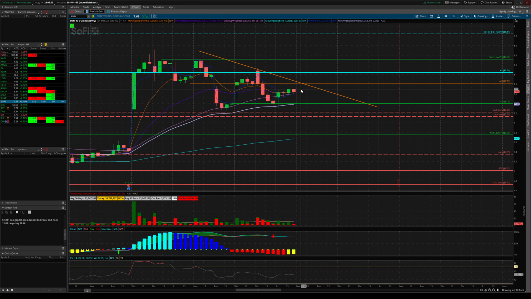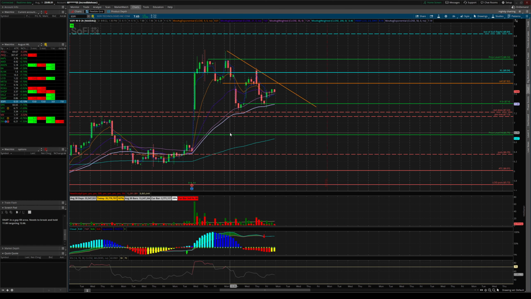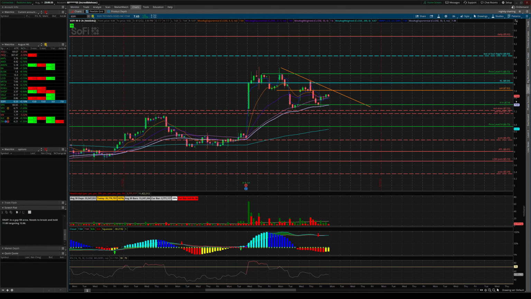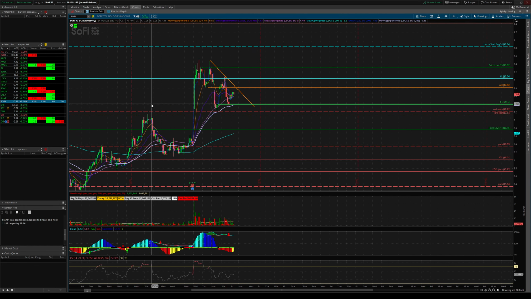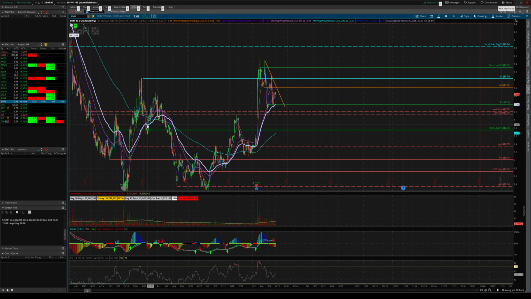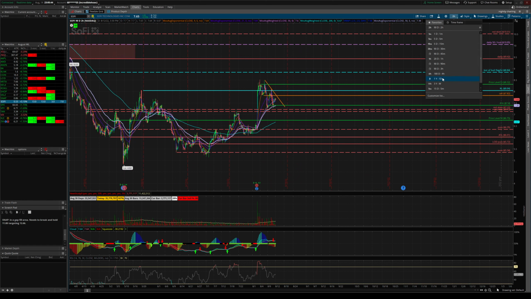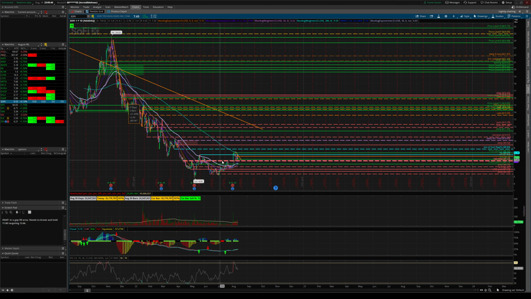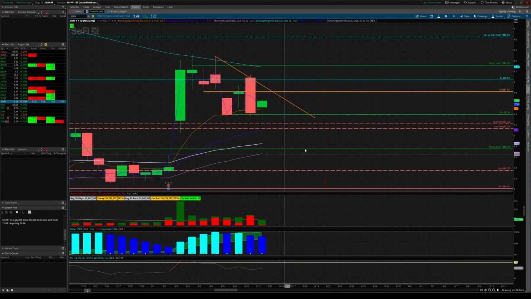I think either Monday or Tuesday, if we can get above that 7.82 level, we can see a push higher. I actually don't have any Fibonacci on this chart, but let me see what the retracement looks like. Not too much.